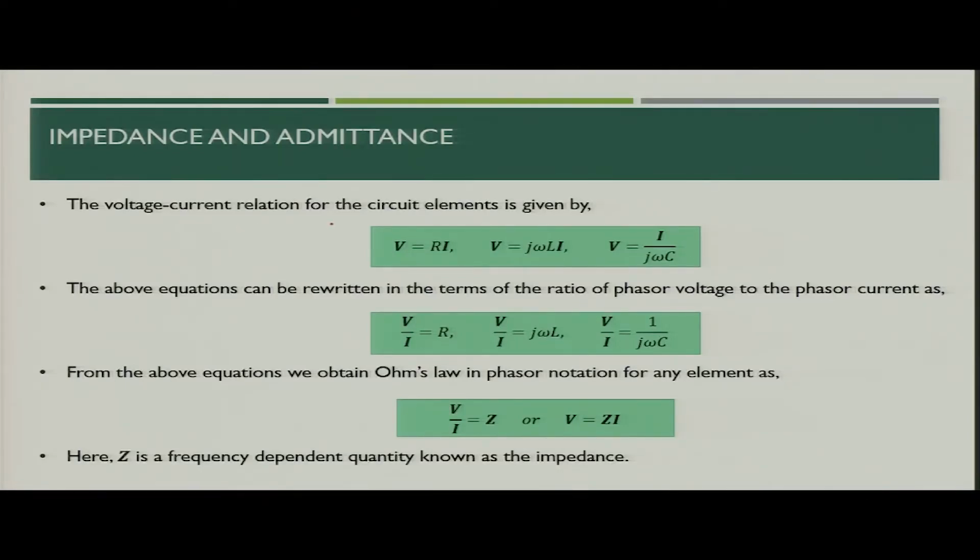The voltage current relations which we have discussed till now were something like this. We had V, the phasor value, equal to R into I phasor. This was for the case of a resistor.